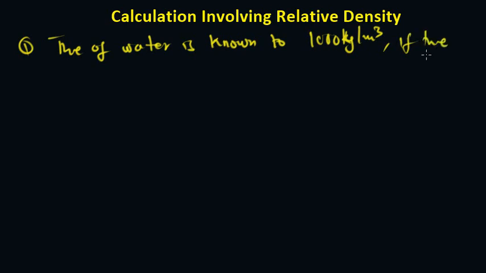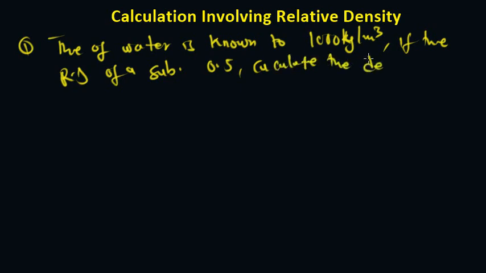If the relative density of a substance is 0.5, calculate the density of the substance.